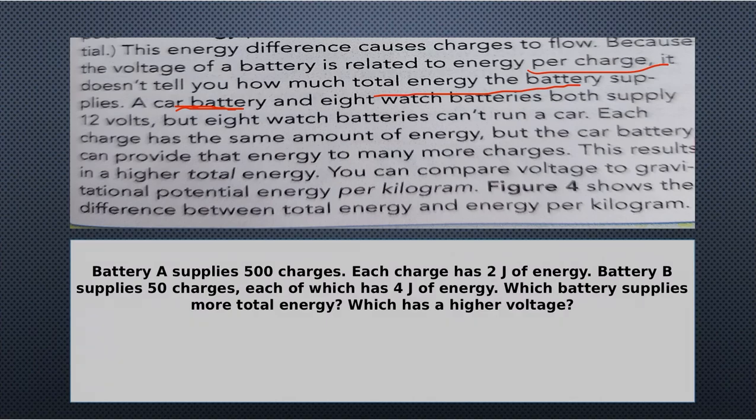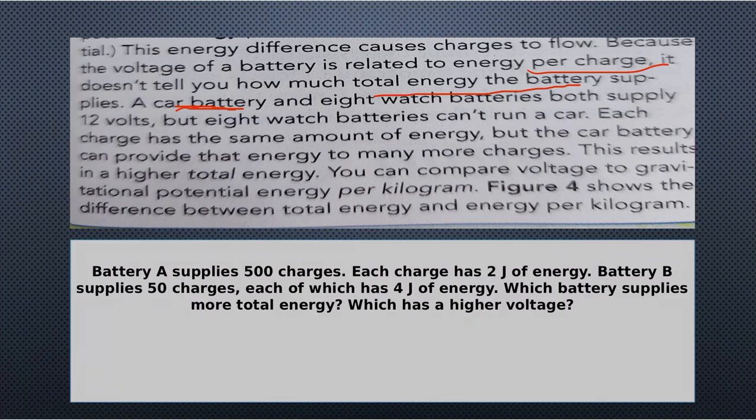Here is the question: battery A supplies 500 charges. You have a battery that contains inside 500 charges, and each charge has 2 joules of energy.